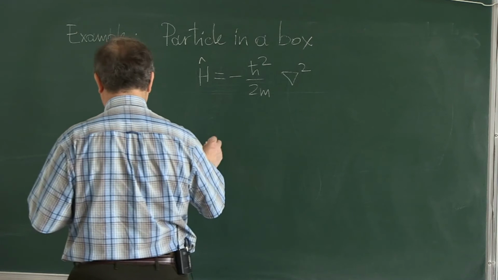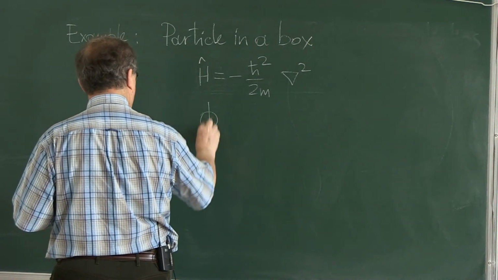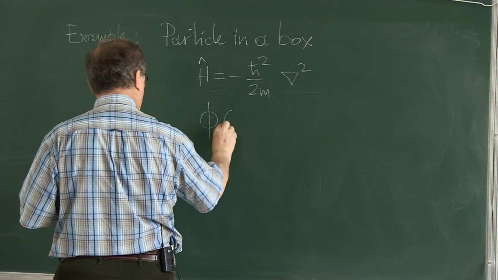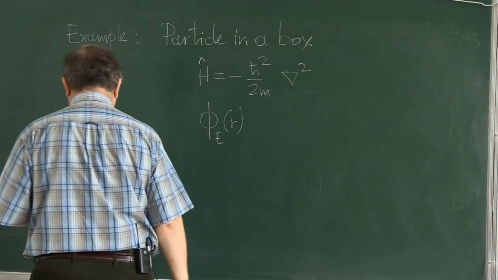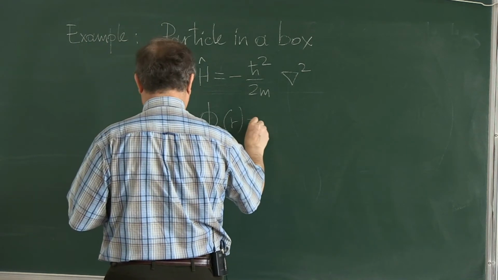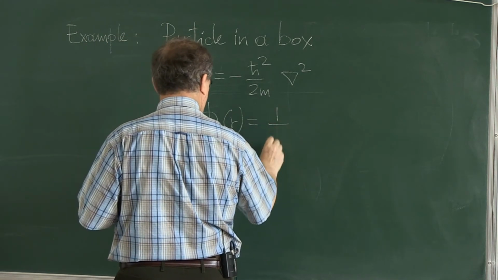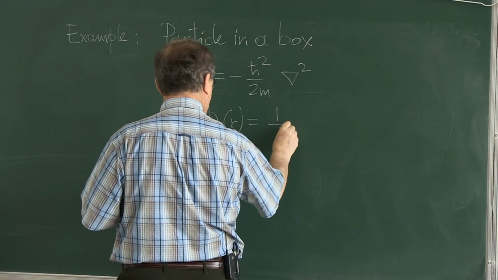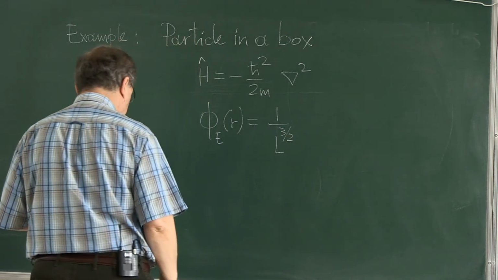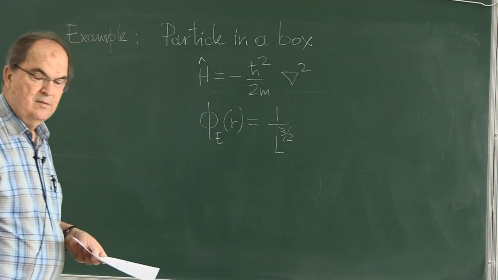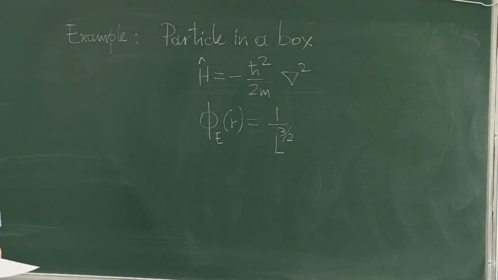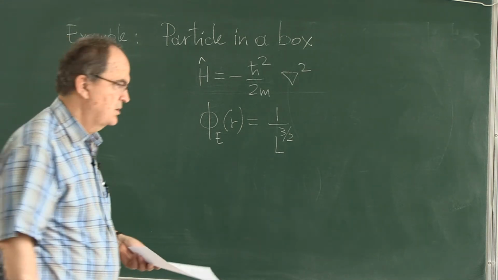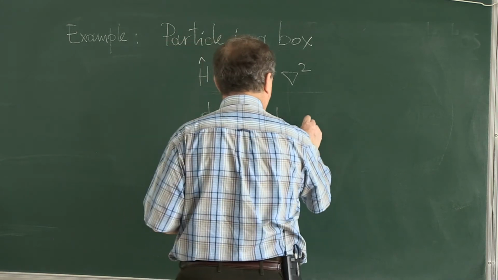Eigenfunctions, in the energy representation or position, are one over square root of volume, the normalization constant, times plane waves.